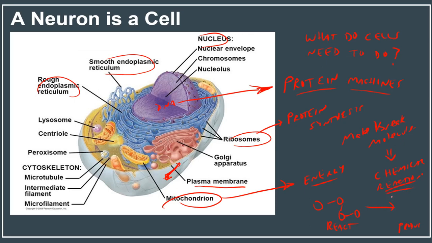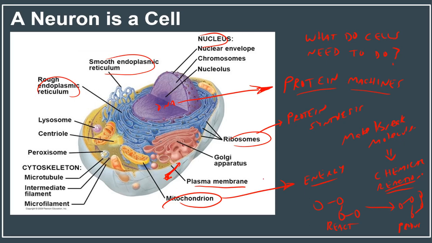Chemical reactions are all about taking some starting molecules and turning them into other things. The starting materials are reactants, the ending materials are products. But in the end, you're basically taking a bunch of starting materials, pulling a bunch of atoms off, and rearranging them into other molecules.